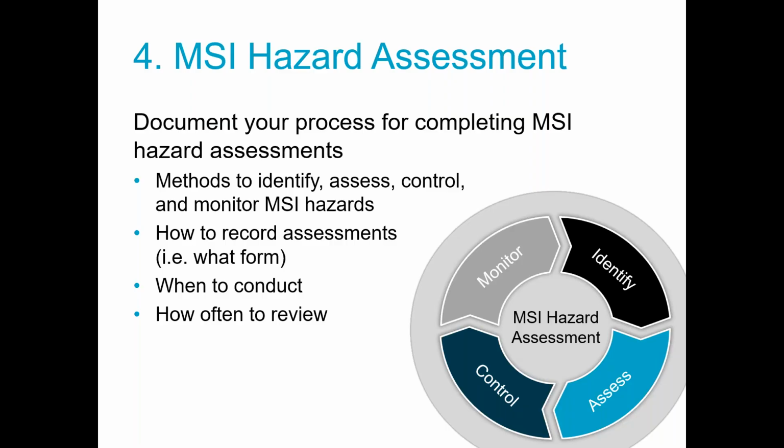For example, you might list workplace inspections, hazard assessments, hazard reporting, observing workers, supervisors conducting work observations, and so on, if there are other ways you're going to identify hazards. What are your methods to assess the risk to workers posed by the hazards identified?